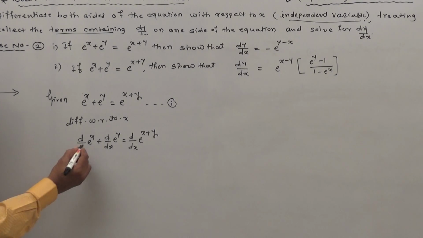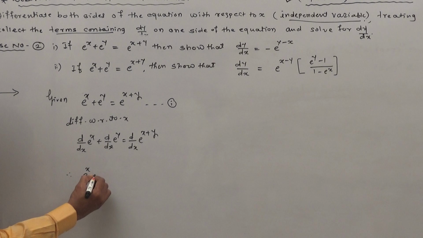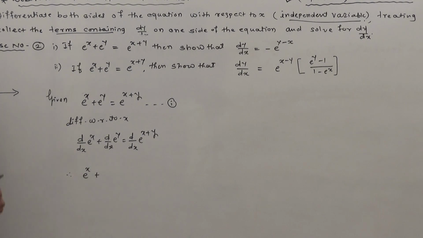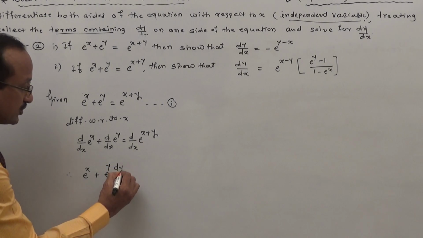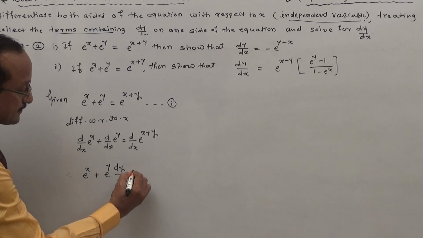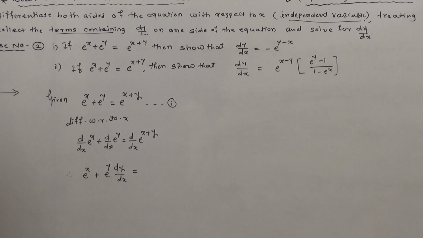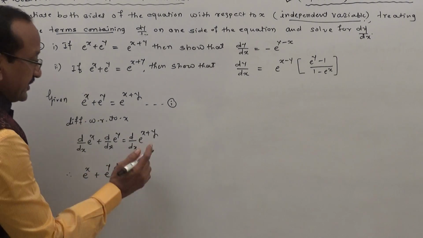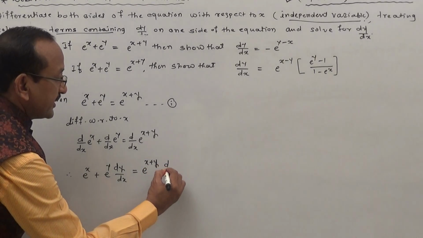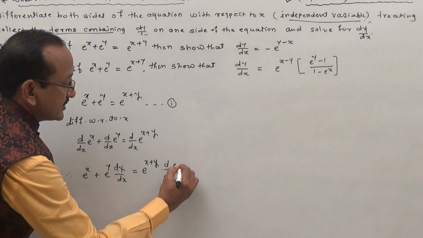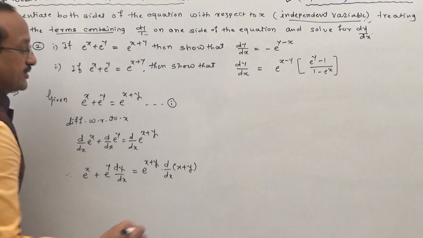So what is the derivative of e raised to x? It is e raised to x. The derivative of e raised to y is e raised to y into the derivative of y, which is dy by dx. The derivative of e raised to x plus y is e raised to x plus y into the derivative of this function x plus y.